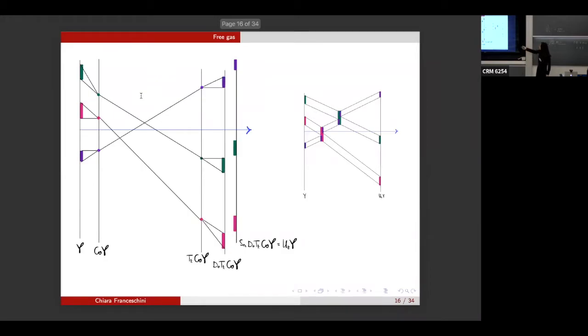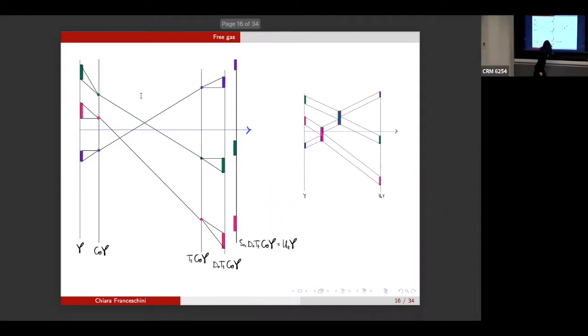So I think again a picture is clearer. On the left-hand side you have to compare. We start with the initial rule that I gave, this is y. I have 3 rods, they collide, I swap positions, and then I let them evolve. So I have this one. But if I want to go to the free gas world, what do I do? I start with y, exactly the same as this one. I shrink my configuration with respect to the origin.